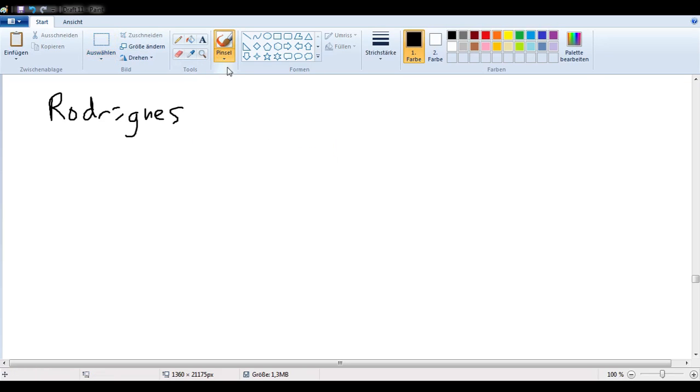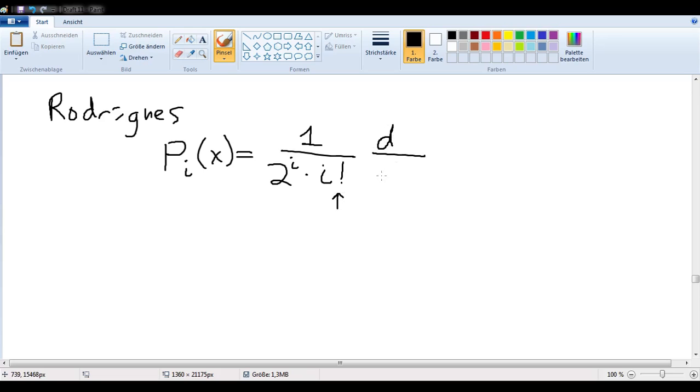The formula for Pi of x is 1 over 2 to the i times i factorial times the ith derivative of x squared minus 1 to the ith power.